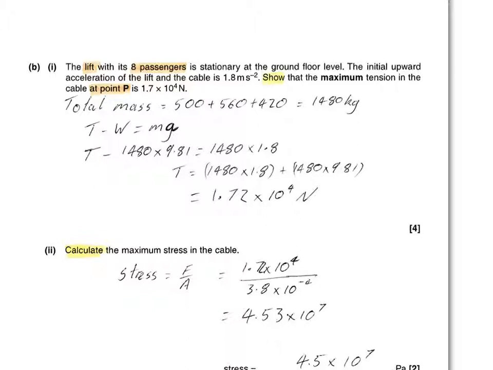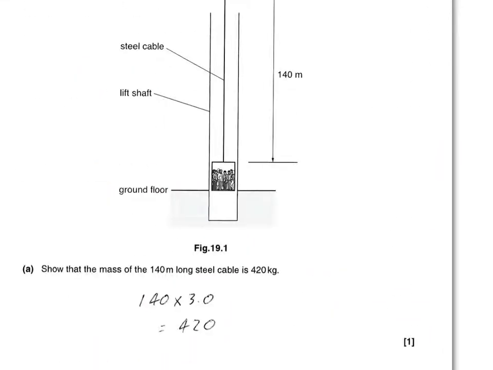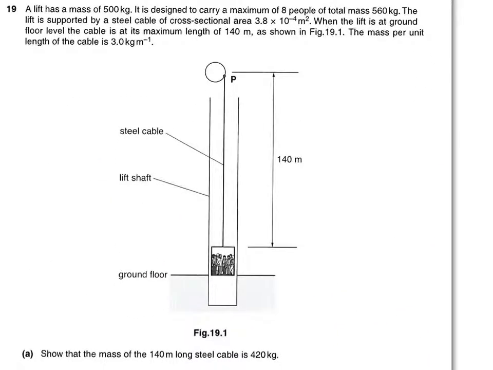So I'm going to start off by doing a little side calculation of the total mass. And if we just go back to the question, the total mass we're dealing with would be the mass of the people, the mass of the lift itself, and then the mass of the cable.